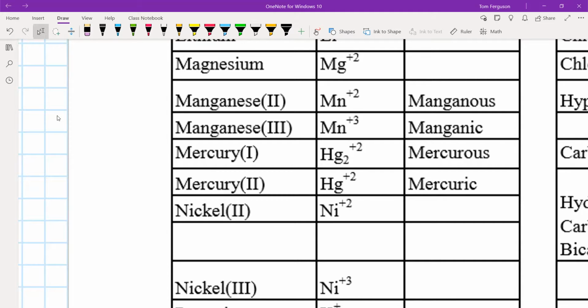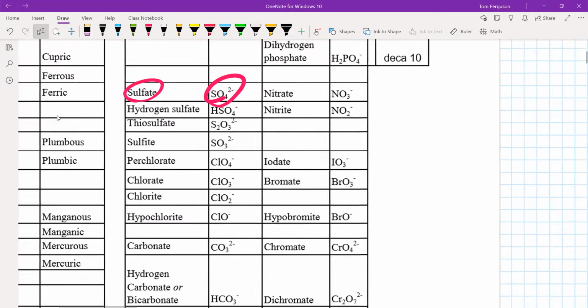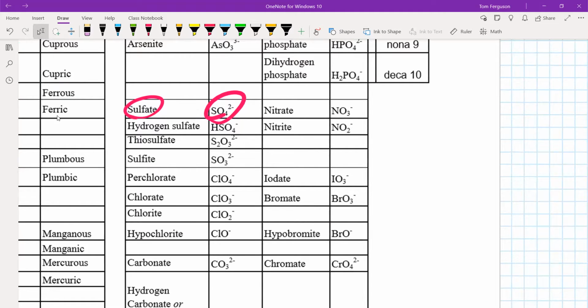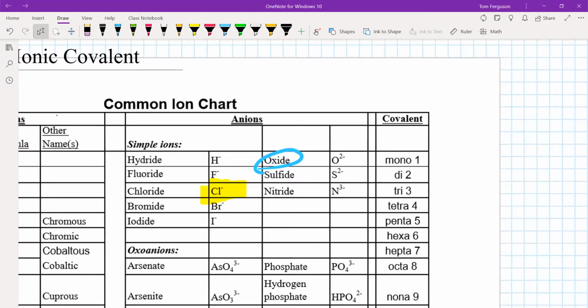Okay, let's look now at the anions. Anions are much more complex than cations. Now, the simple anions are these guys here. They're monoatomic. All the rest are polyatomics.